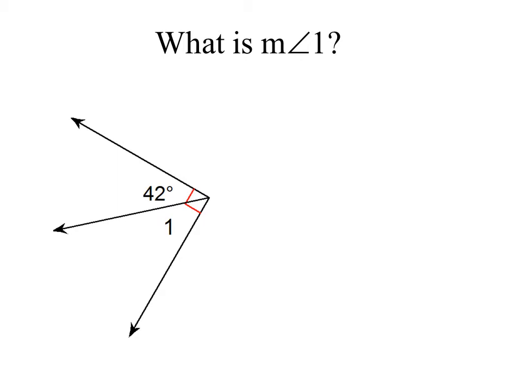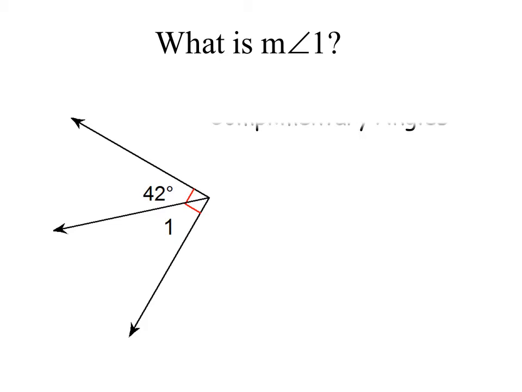You can start to see why it's important to know your vocabulary and be able to identify it in a picture. So here's another one. What is the measurement of angle 1? Please note here that the number 1 does not have a degree symbol next to it. So it's not saying that that angle is 1 degree. It's just labeling it as angle 1. So I see here this red little square, which shows me that this big angle is 90 degrees.